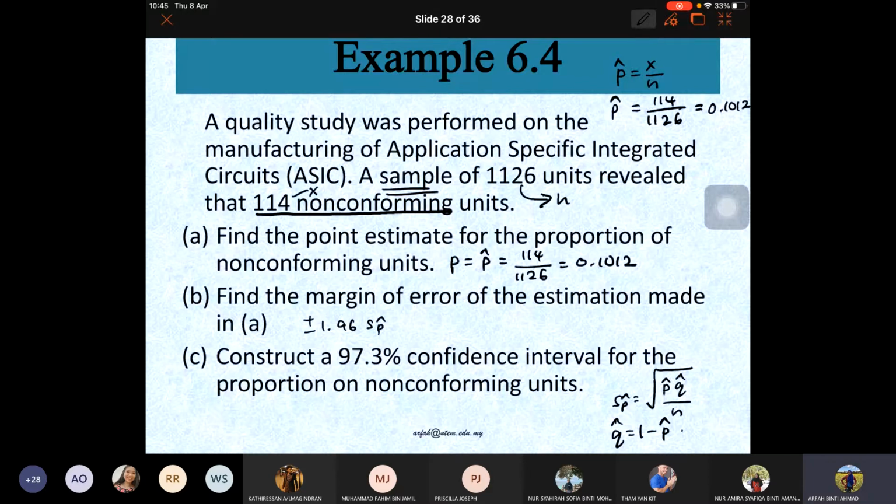Ada yang dapat jawapan B? Anyone get the answer for B?